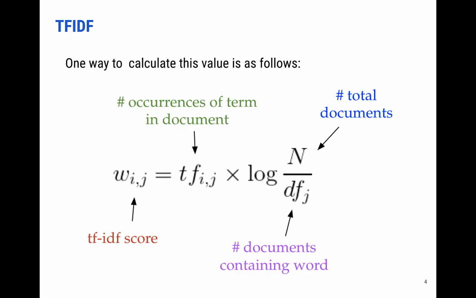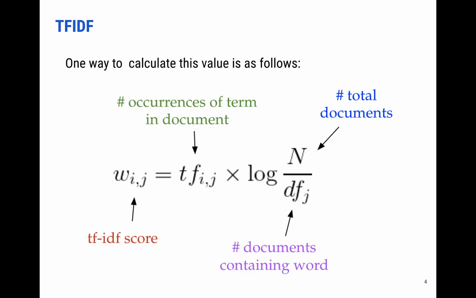This TF is here listed as just the number of occurrences, but oftentimes it's represented as a probability, in other words, as a relative frequency, where you divide the word count by the total number of words in the particular document, and there are other measures as well, which we'll look at.